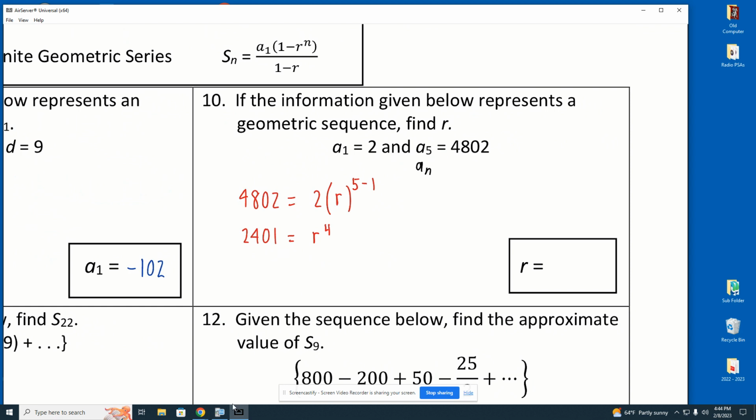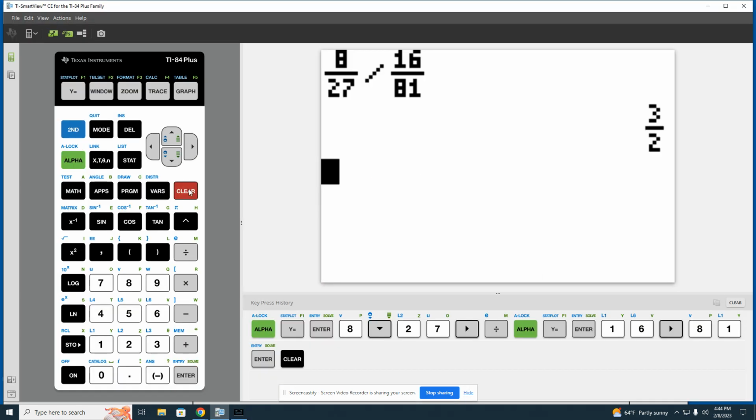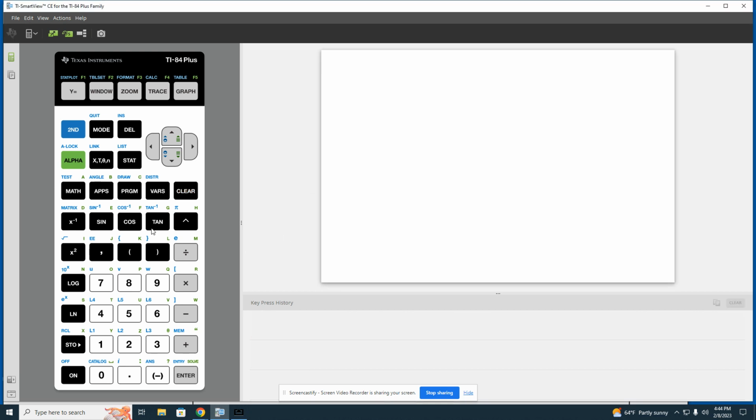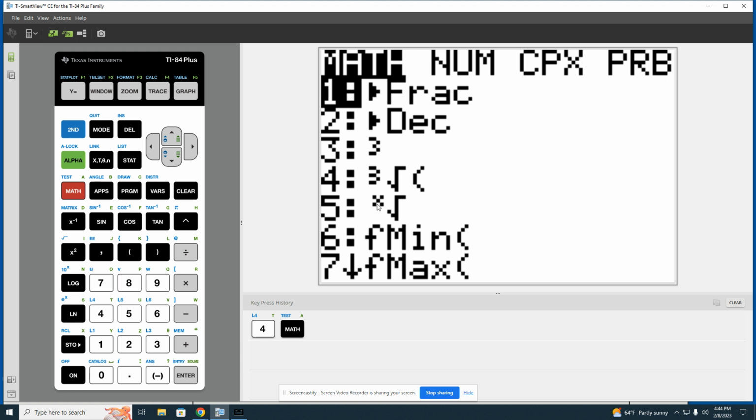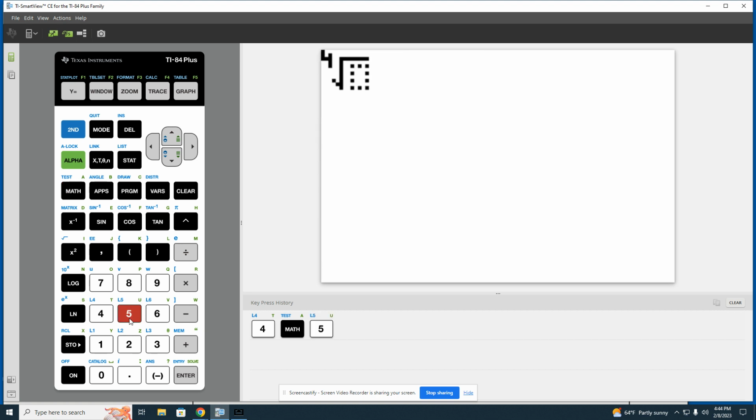Now, some of you guys may have forgotten to type this in, so I'm going to go over here and show you real quick. To do the 4th root, we are going to go to our home screen, and you're going to put a 4, then you're going to go to math, and you see right here number 5, it's got this x root of. We're going to do that, and remember how I put the 4 in there? It inserts the 4 right into the root.